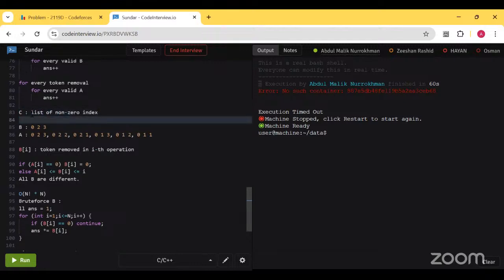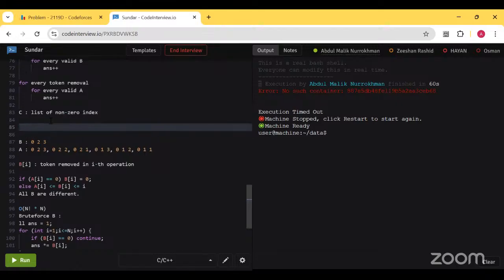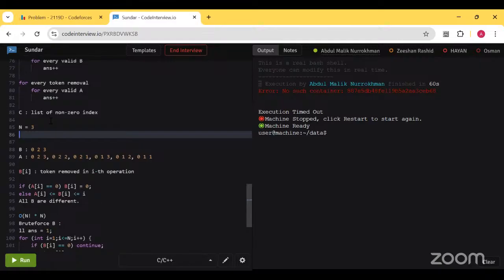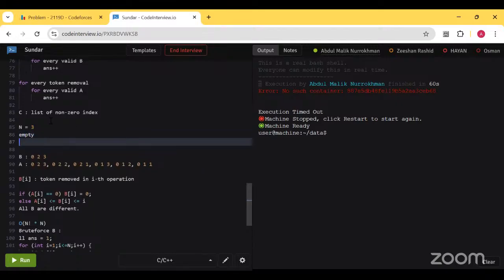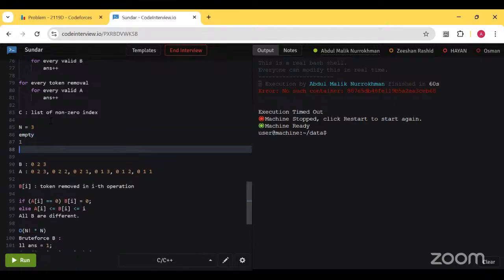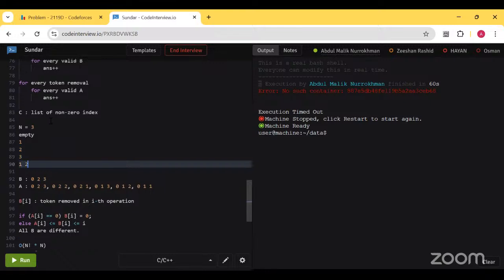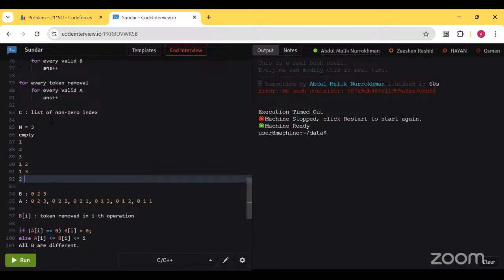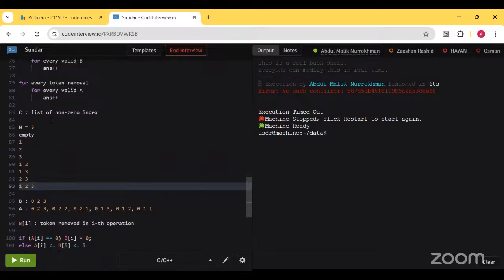How many possible lists of indices? For example, if n is 3, C is either empty, or 1 only, or 2 only, or 3 only, or 1 2, or 1 3, or 2 3, or 1 2 3, right?